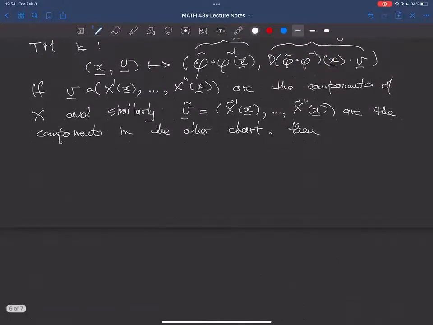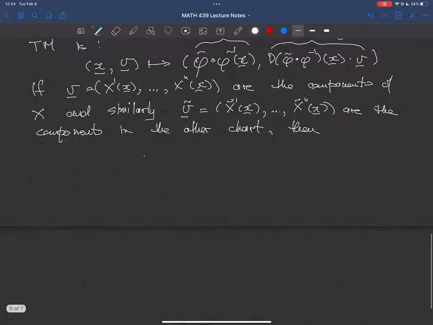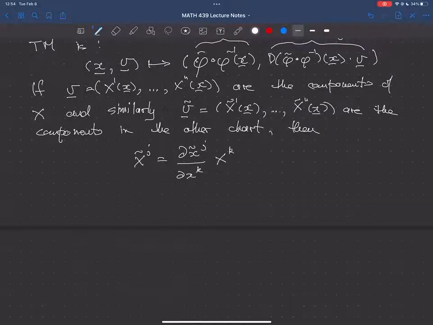In components using the summation convention, X tilde j is dx tilde j by dx k, X k.